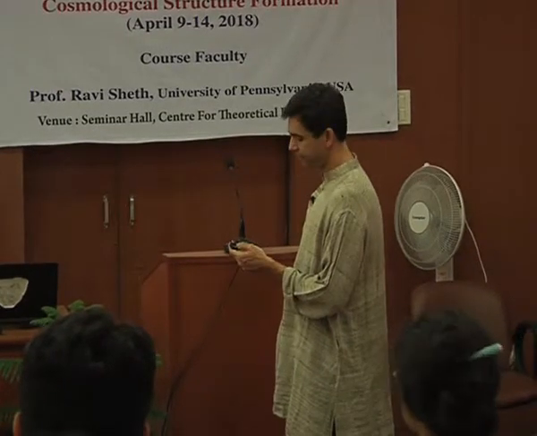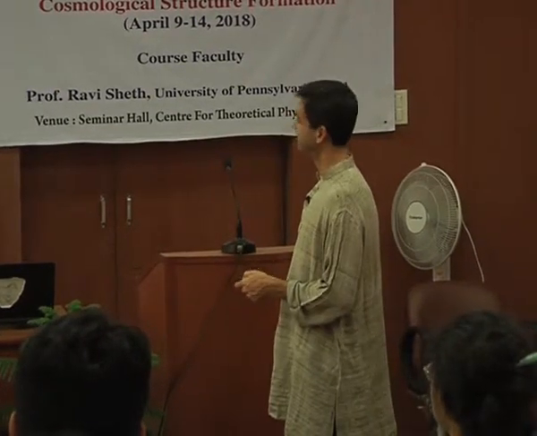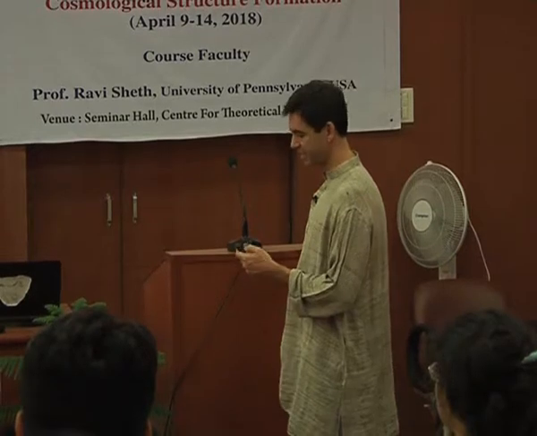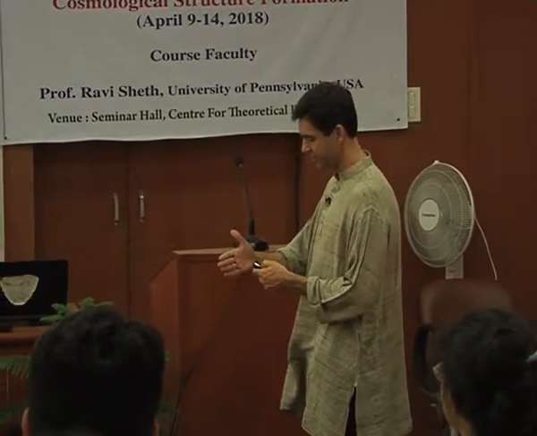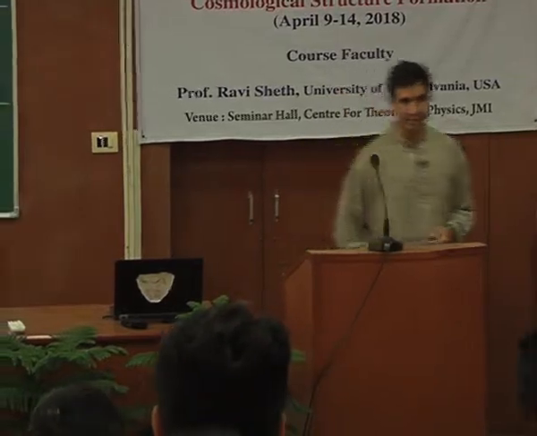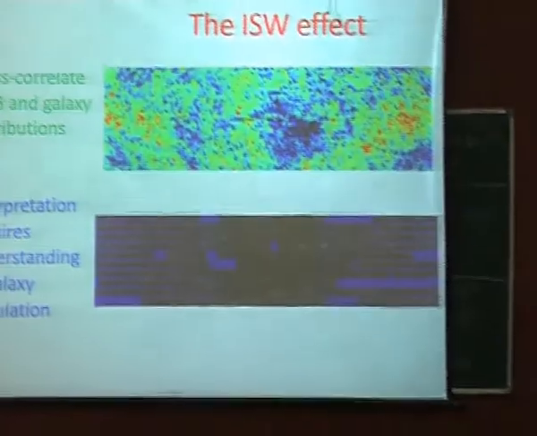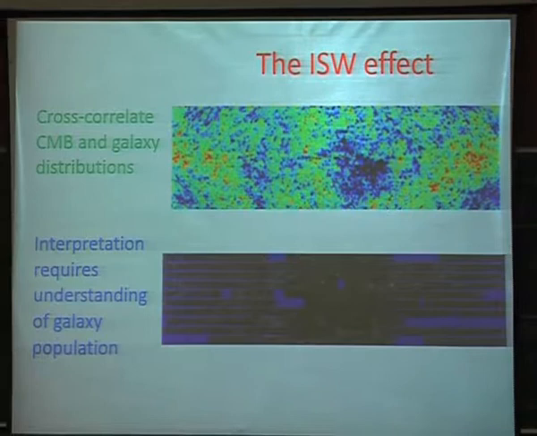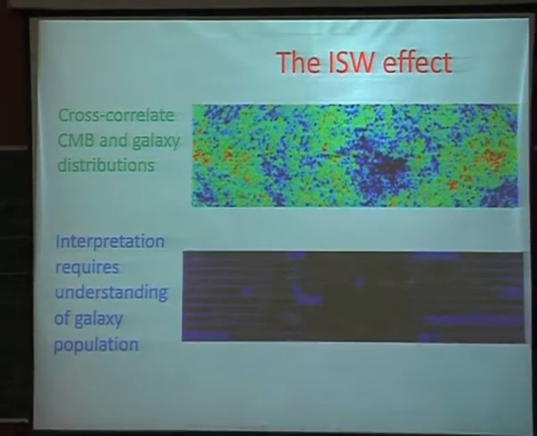Let's think about the different things that the photons have to deal with as they're coming from the CMB to us. So one effect is the ISW effect, the integrated Sachs-Wolfe effect. This one is an effect that has to do with the following.